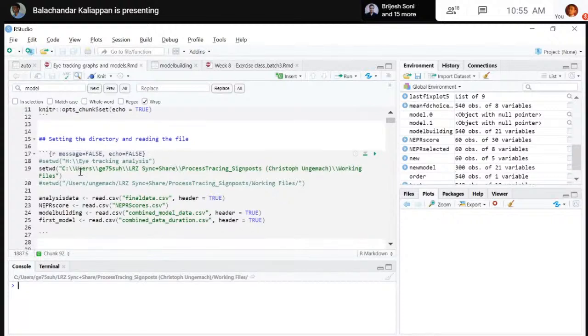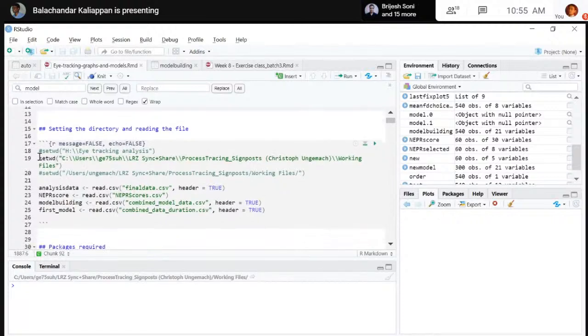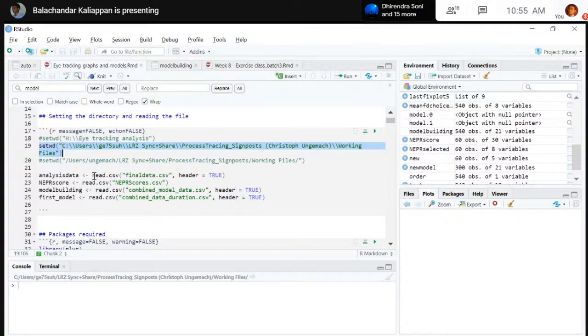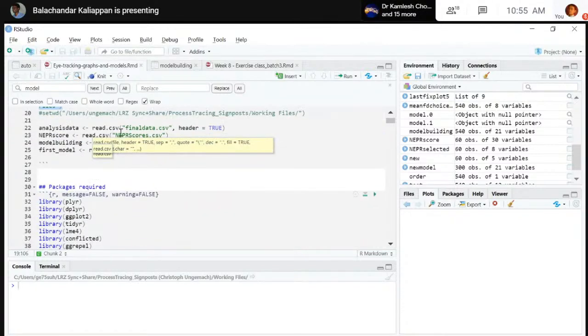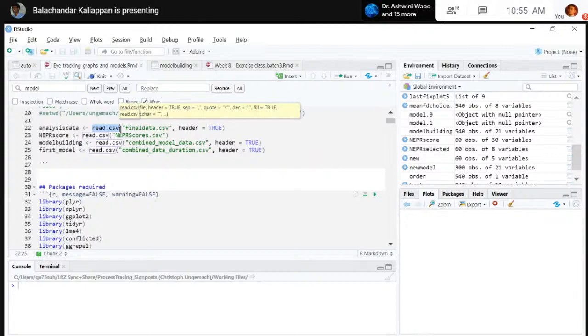This is a place where I set the path to read the files. My files are in this particular file path, so I set the directory to that. Later on, there are a lot of CSV files that need to be read for this analysis, so I read them using the read.csv command. That's the command used for reading any CSV files.